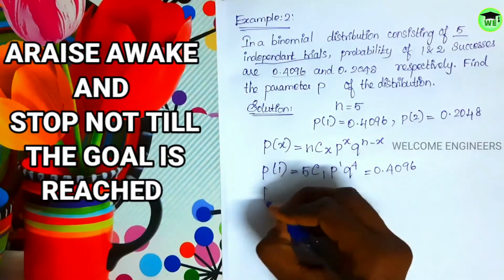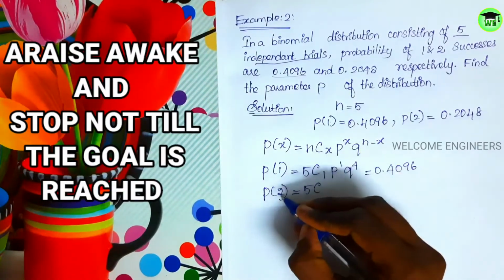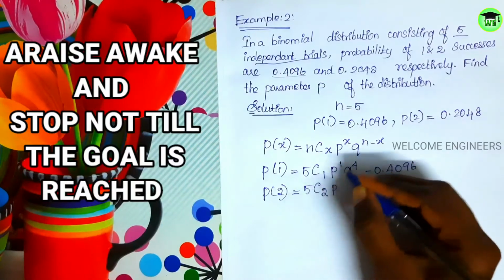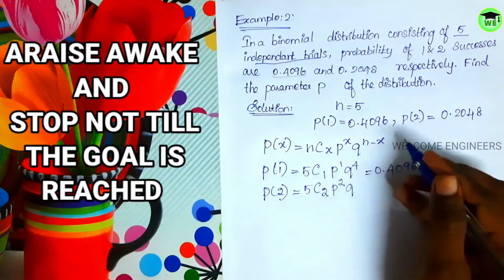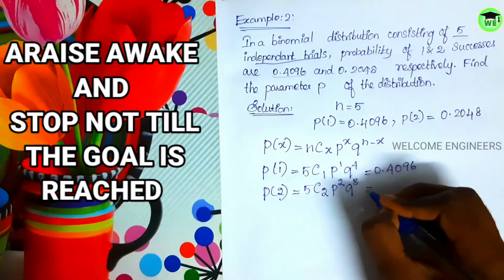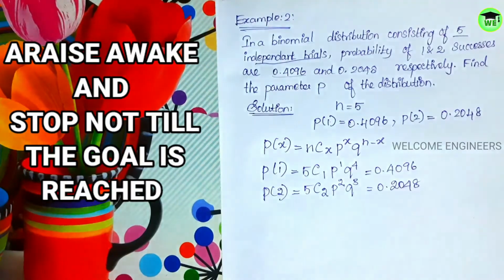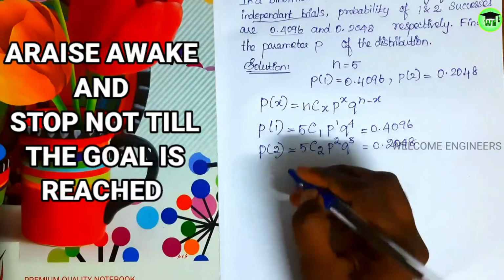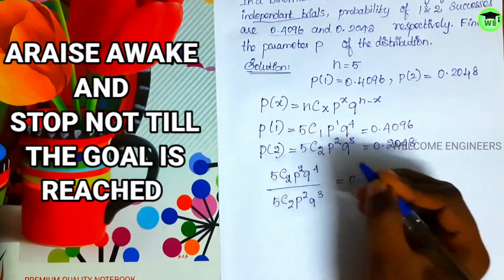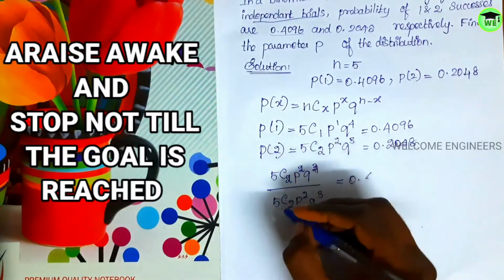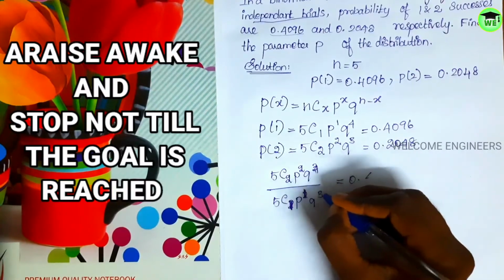And P of 2 can be represented as 5C2 p^2 q^(5-2), that is q^3, equal to 0.2048. So let us write 5C2 p^2 q^3 and 5C1 p^1 q^4.